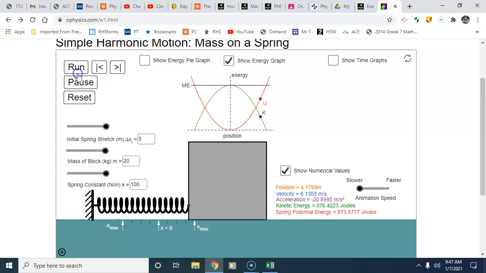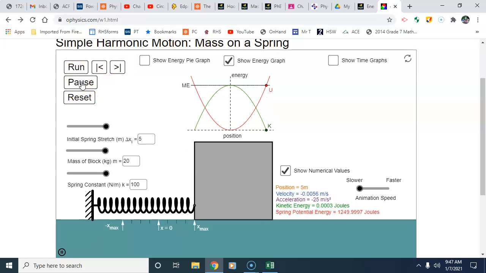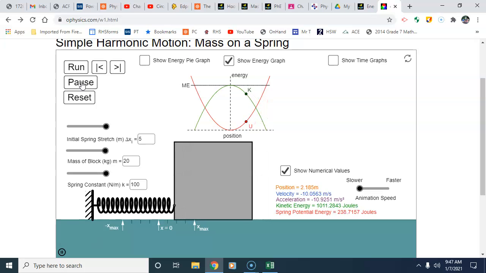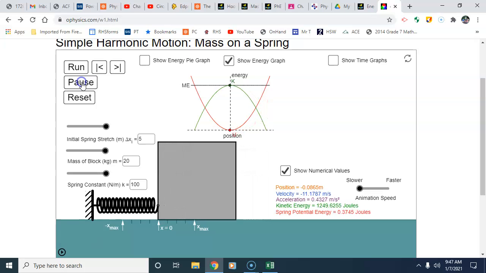So let me run it to an exact position I want and ask you guys something. Right about here, or close to there. What is the derivative of that position? What kind of line do you get from the tangent line? Because remember, the derivative is the slope of the tangent line, right?